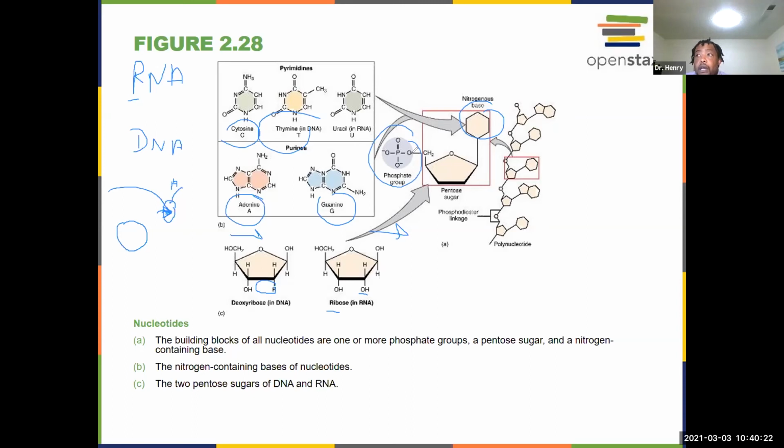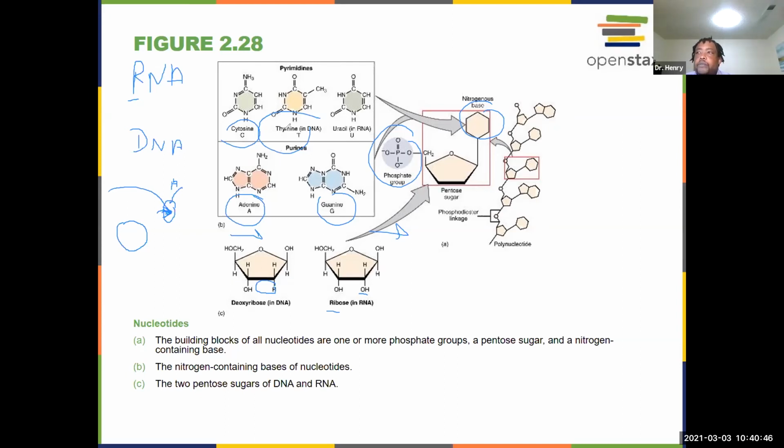So DNA is composed of either an A, a T, a G, or a C. So that's going to be the sequence that we're going to be modifying. So each of your genes is going to be composed of those four nucleic acids, right?